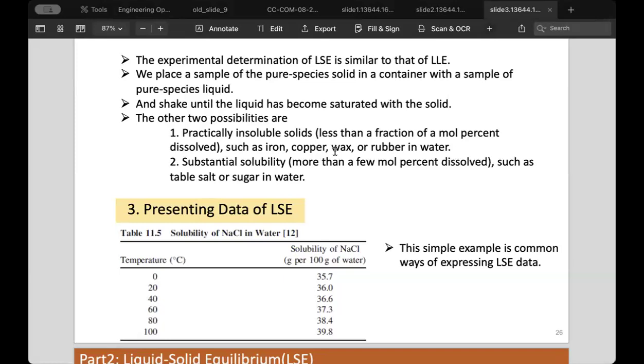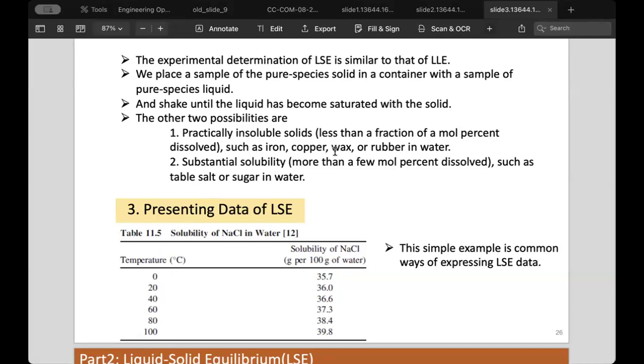For example, at 0 degrees Celsius, the solubility of sodium chloride is 35.7. The unit is gram per 100 gram of water. So what does it mean? In 100 gram of water, it can accommodate 35.7 gram of sodium chloride.